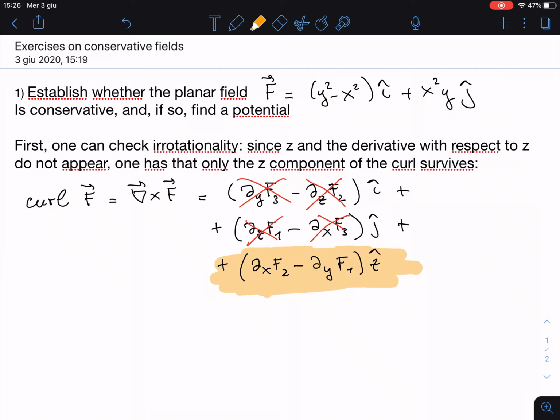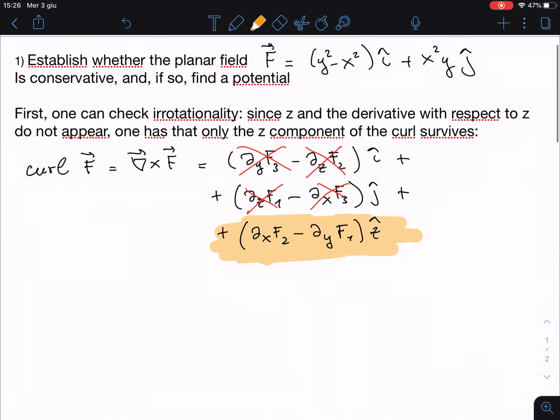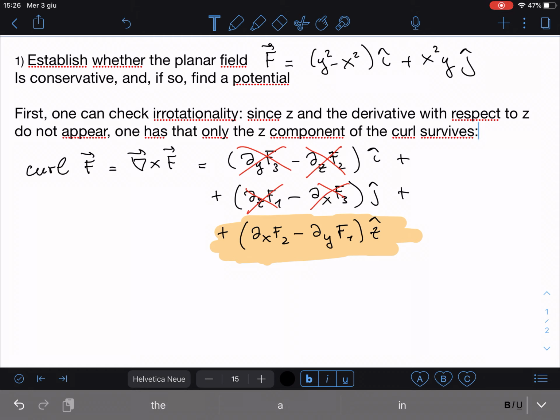And so this is another way of looking at Green's theorem.